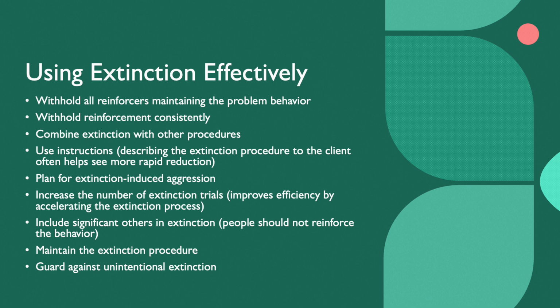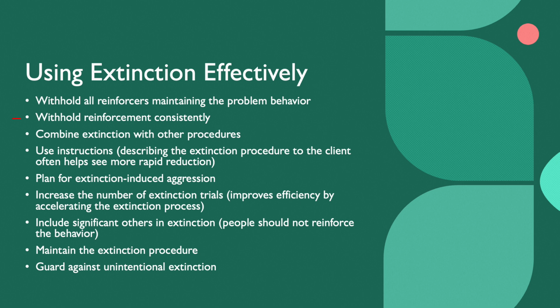Which leads me into my next point, which is that when you're implementing extinction, you want to make sure that you're withholding reinforcement consistently. So in the example that I just gave you, the behavior is still contacting reinforcement. And as I've mentioned, when a behavior is still contacting reinforcement, it's going to continue to occur.